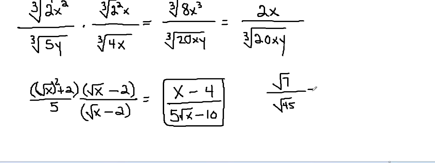So what I want to do is simplify this square root of 45. So it would be the square root of 7 divided by 3 root 5, just to make it a little easier when I multiply them. And then I'm going to multiply the top and bottom. Since I'm rationalizing the numerator, I'm going to multiply top and bottom by the square root of 7.